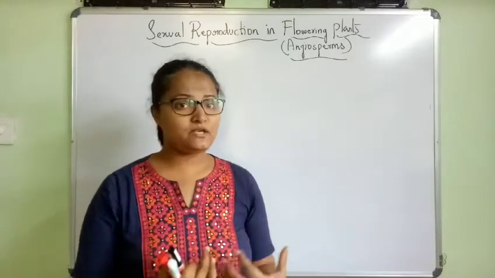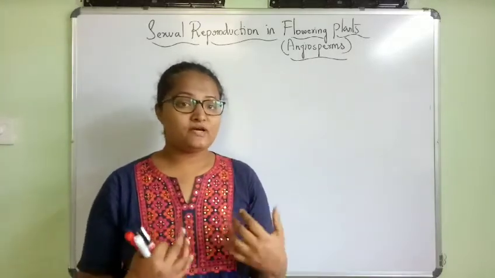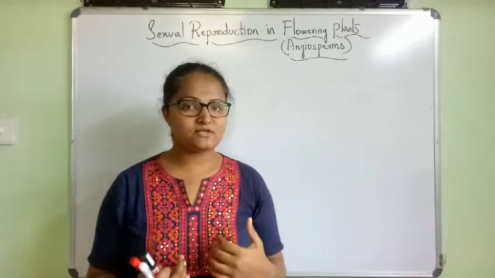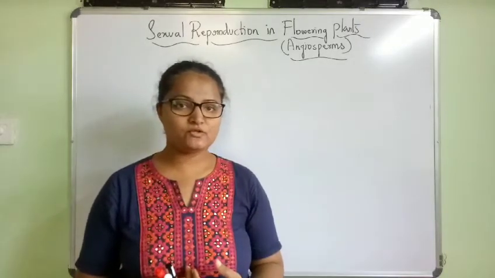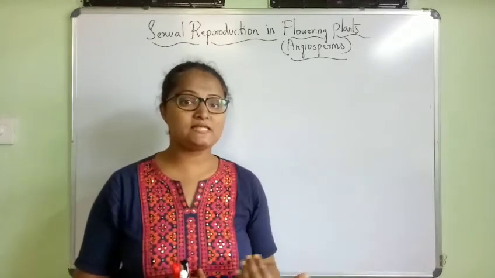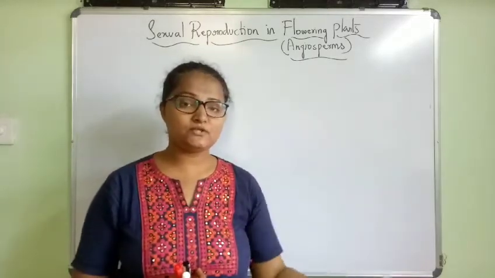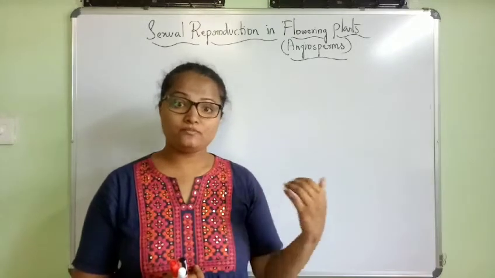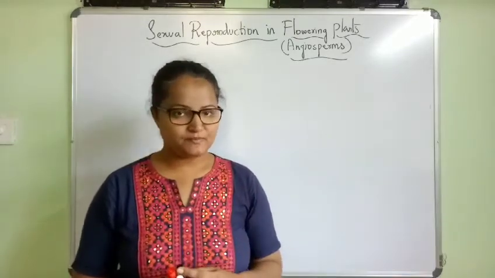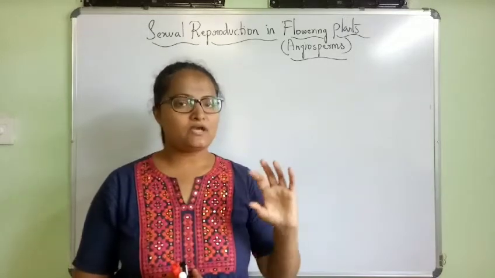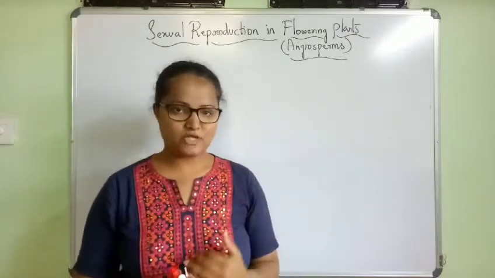In angiosperms we know there is a special kind of fertilization called double fertilization, triple fusion. After this, there will be post-fertilization events: the zygote develops into an embryo, endosperm development takes place, and seed and fruit development. This is what we are going to study in this chapter.